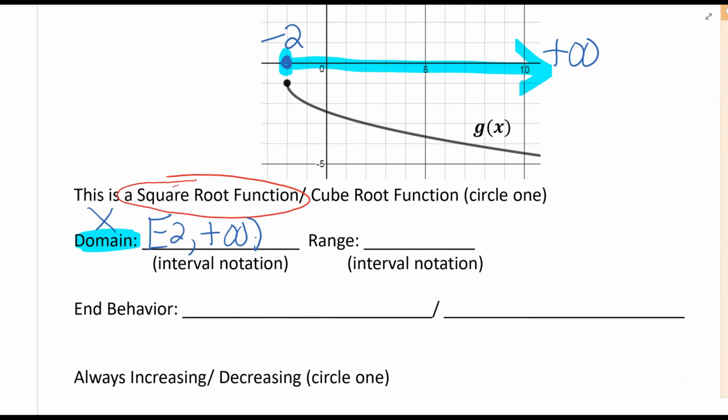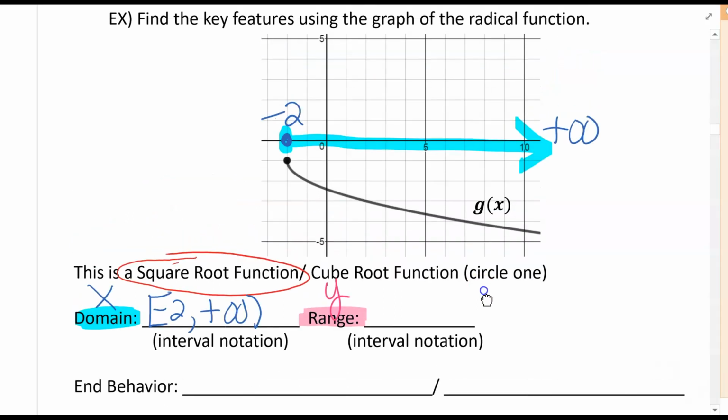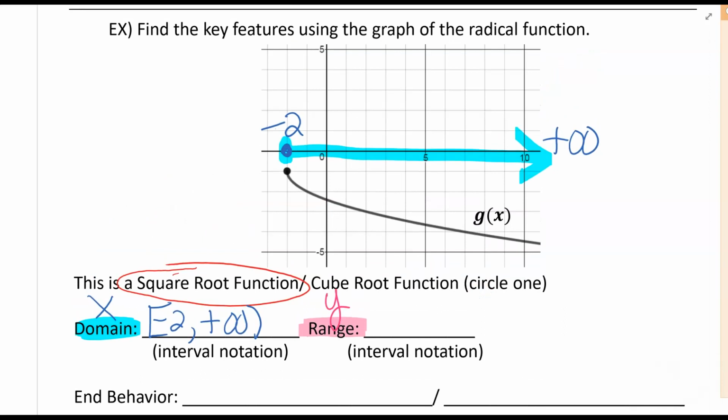Okay, and then for the range, we're going to do the same thing. So for the range, now you're going to highlight the y-axis because the range are the y values. So you're going to drag your endpoint to the y-axis. So that endpoint, you're going to go directly left or right to the y-axis. My y-axis is on the right side of that point.